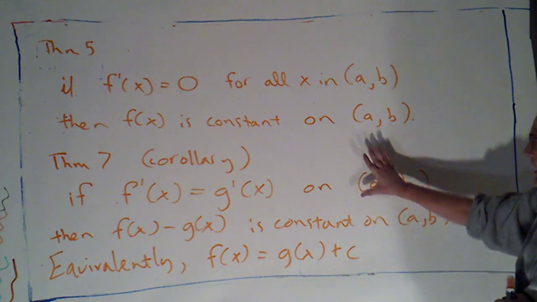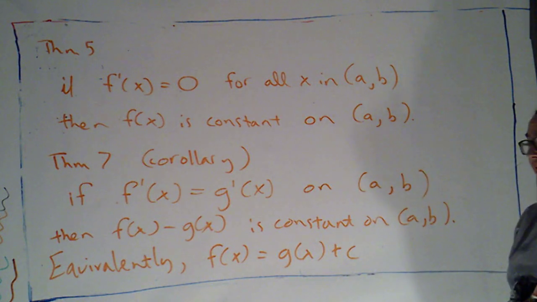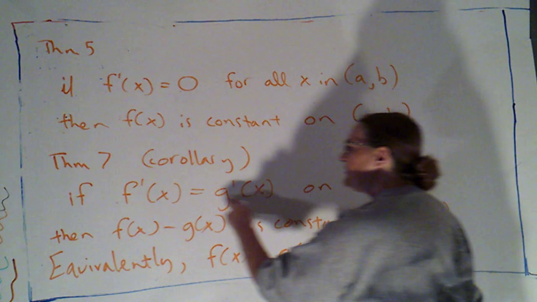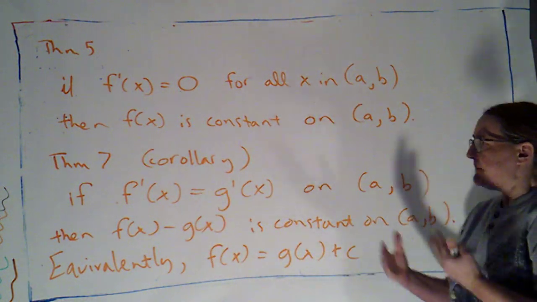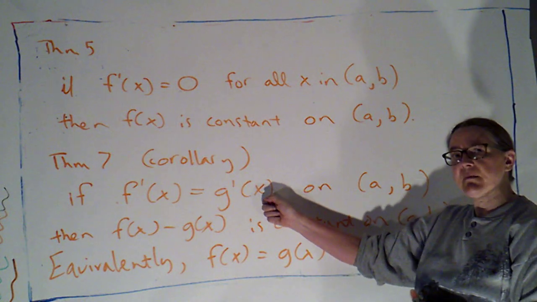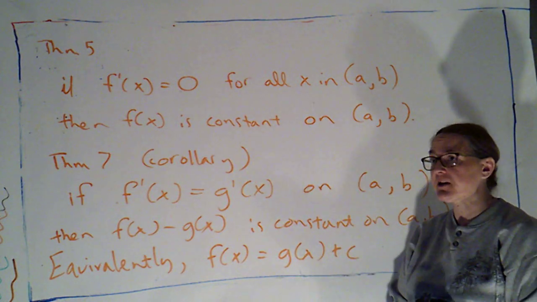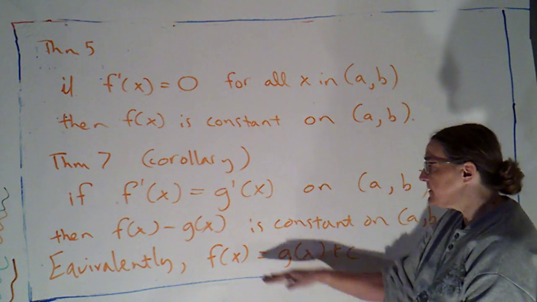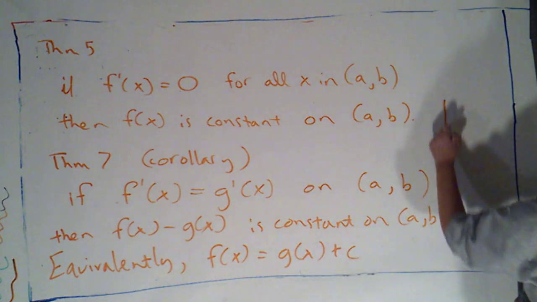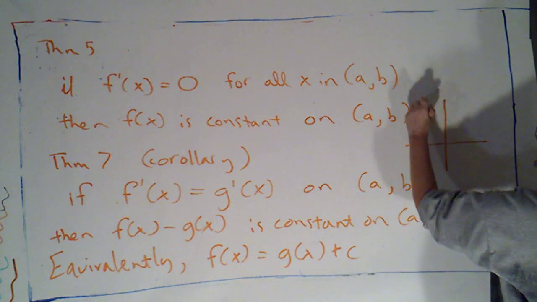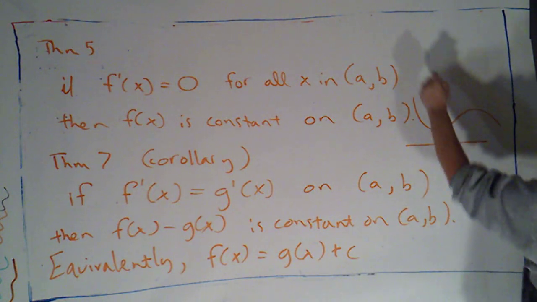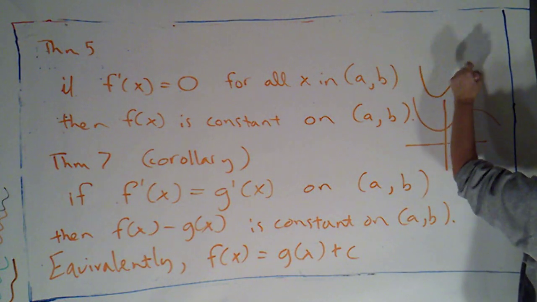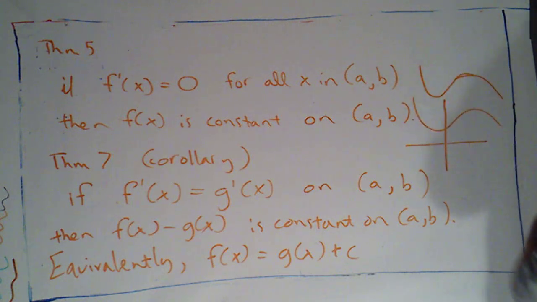Okay. This is actually going to be incredibly important. The derivatives of functions describe the behavior of the functions. Makes sense that if two functions have the same behavior, there should be a pretty strong connection between them. And this tells us what that connection is. If I have one function and I have another function with the same derivative, it's just going to be a vertical translation of the original function.